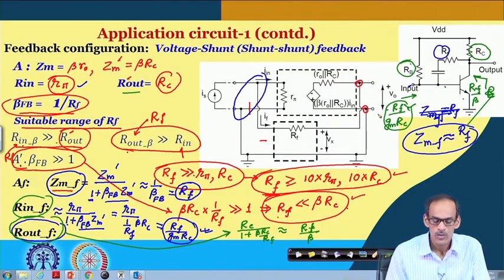So, now the next thing is that let us also look into the consequences on the other parameters.